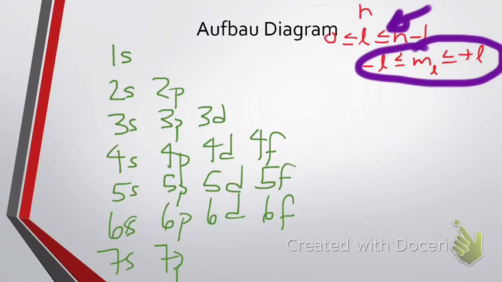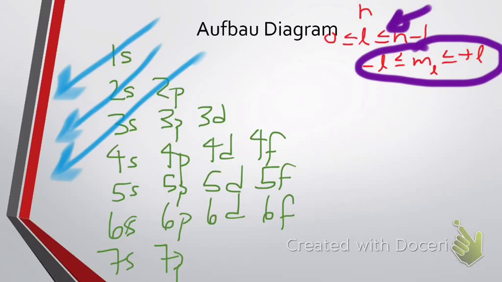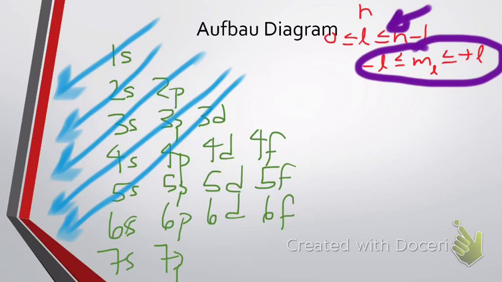I'm going to do this one. You make these diagonal arrows. If we look at this first diagonal arrow, it passes through 1s.